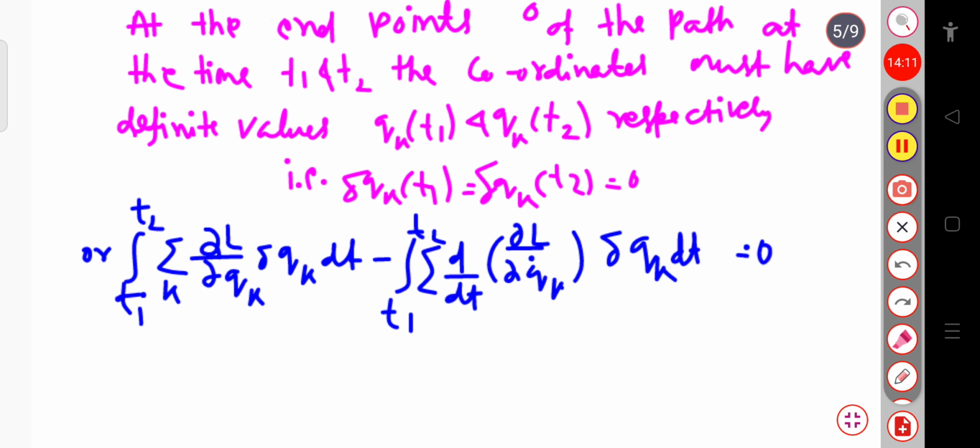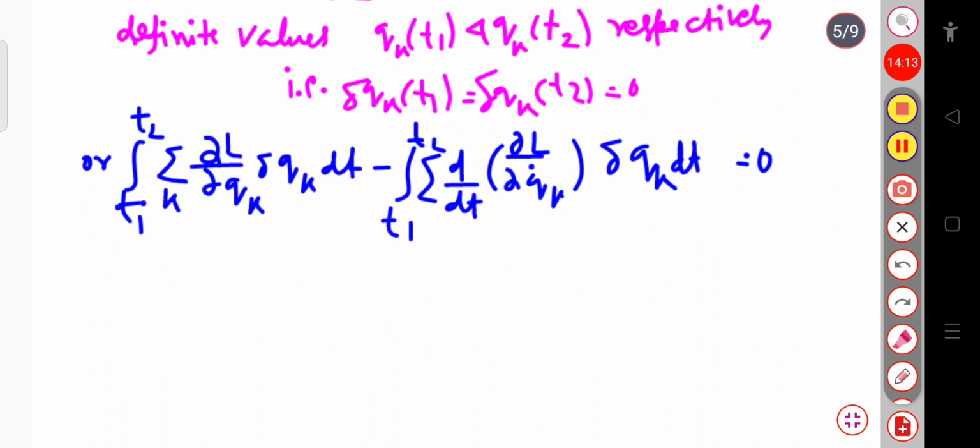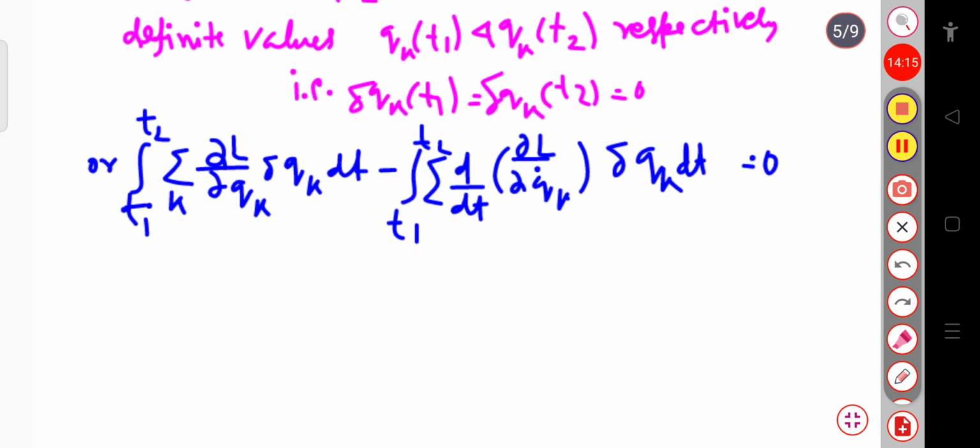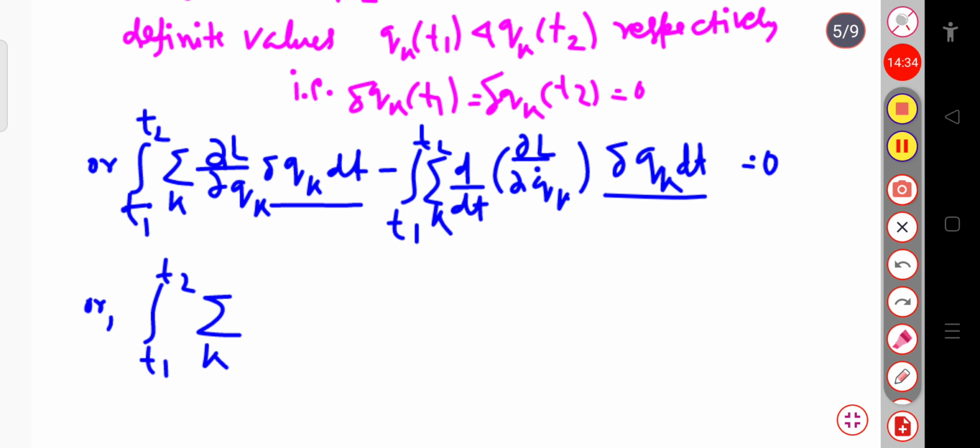Now if I take the integration sign common, from T1 to T2, and also take the summation sign common, the sum over K, and you can see delta QK dt is present in the first term and the second term.